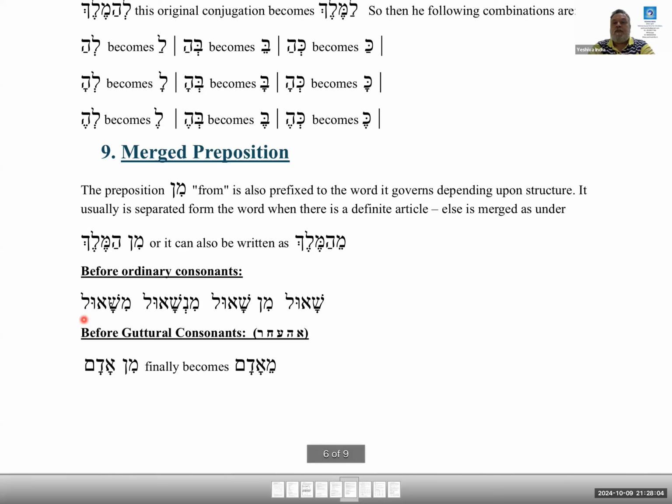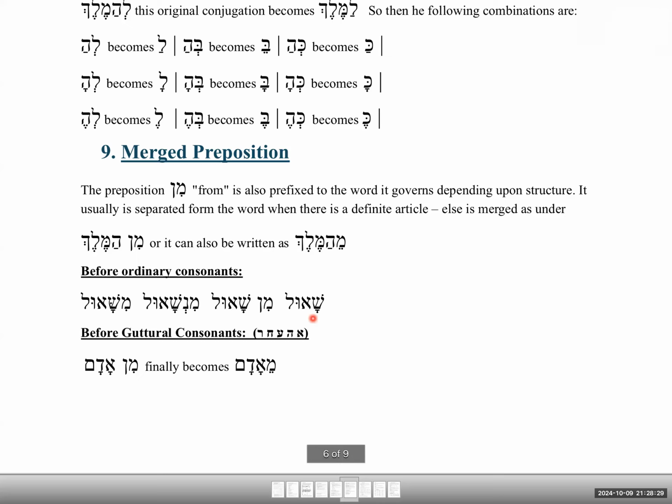So I'm giving you the progression. Shaul, min Shaul. This is the construct, min Shaul. You remove the nun and then you double the shin, mishaul. This is the final form. This is the construct form. This is the form with the preposition, and this is the root word.